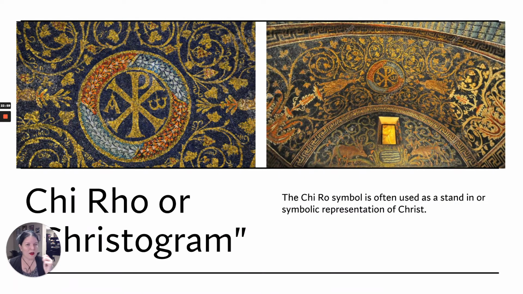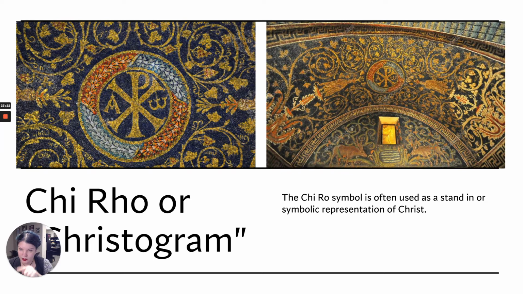Also, in the same mausoleum, we see that the chi rho is still there. Even though it's not kind of a code anymore, it's still embraced as the symbol, and we'll see it throughout the Byzantine and the Middle Ages as the stand-in symbol for Christianity. So we have the chi, which is the X, the rho, which looks like a P. Here we see the addition of the alpha and the omega.